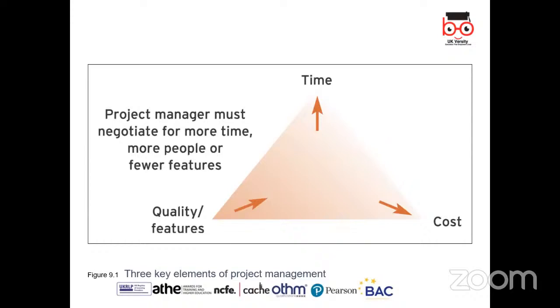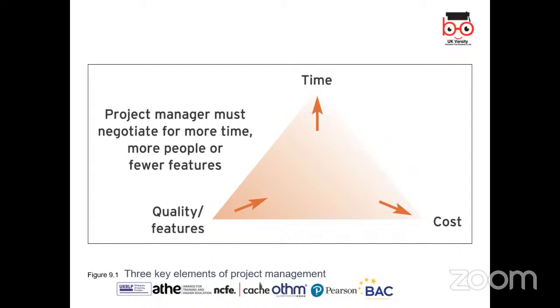When we talk about the three of them, the project manager must negotiate for more time, more people, or fewer features. Depending on the nature of the project and how it has to work, as a project manager, we will be asked to handle these.